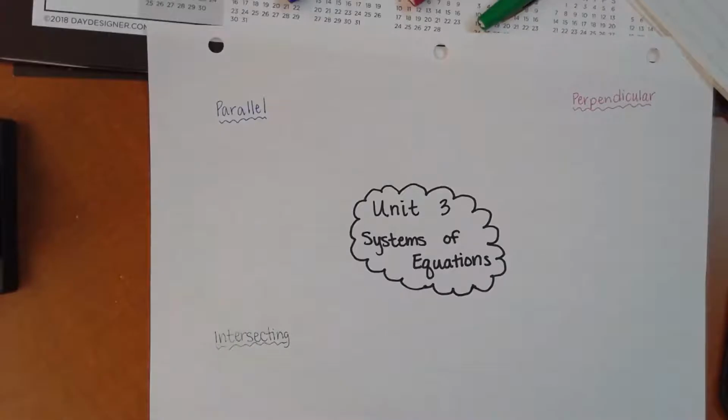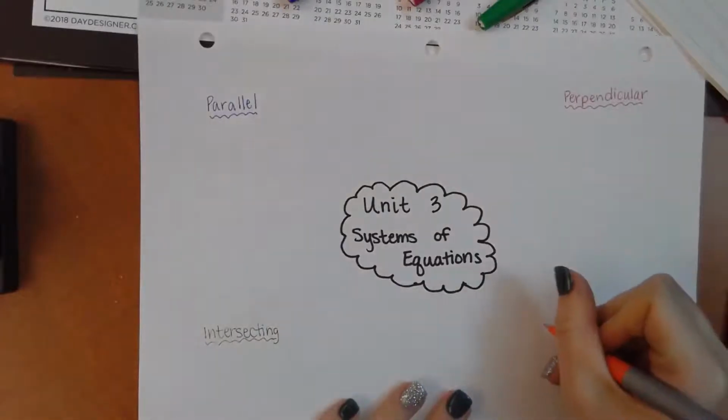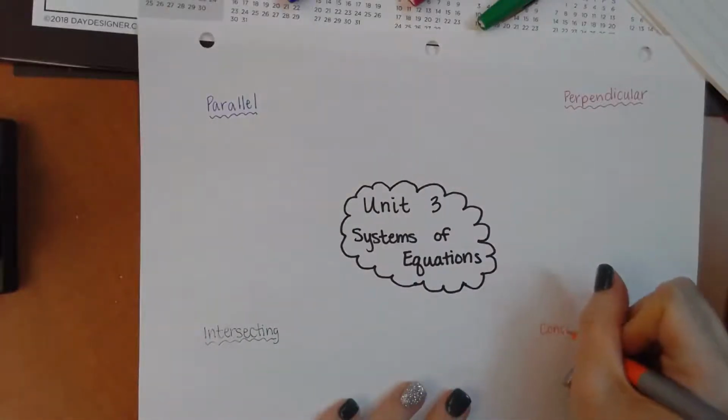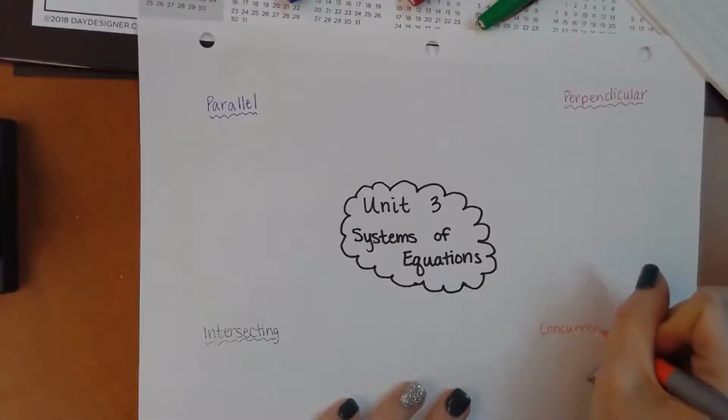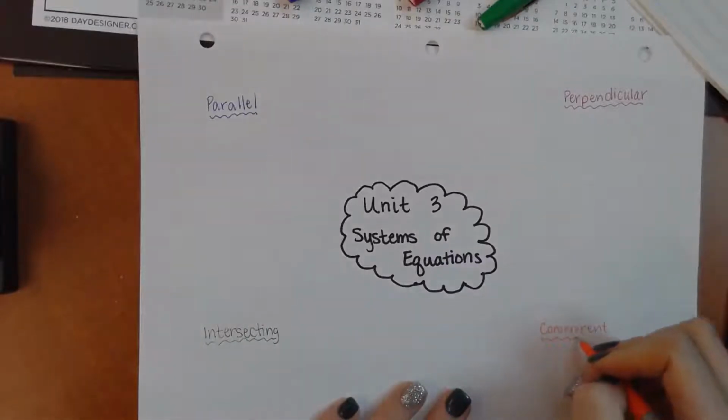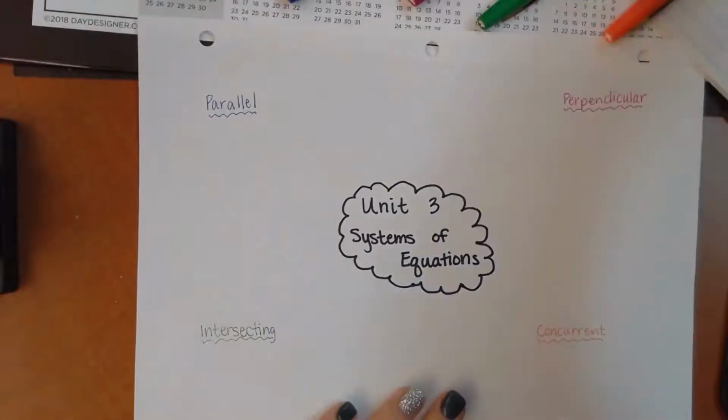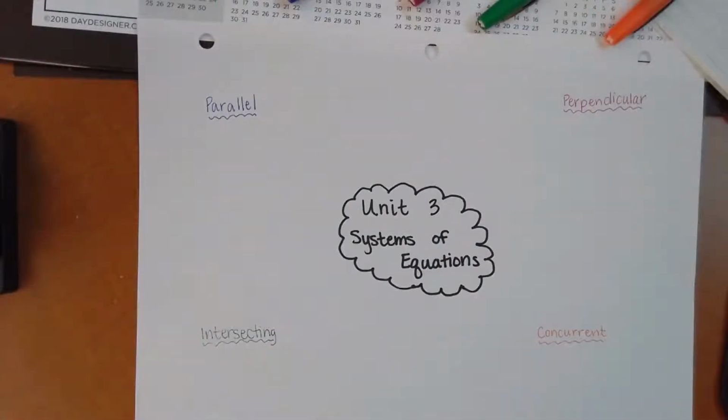And concurrent. Okay, so with each of these, there are different things that you want to look for. You want to look at the slope and the y-intercept to be able to tell the difference between the two.